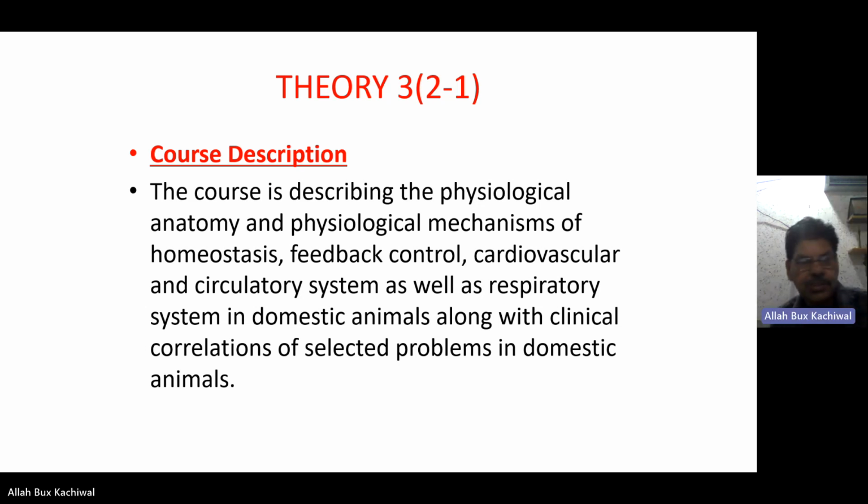So the course description is: the course describes the physiological anatomy and physiological mechanisms of homeostasis, feedback control, cardiovascular and circulatory system, as well as respiratory system in domestic animals, along with clinical correlation of selected problems in domestic animals.